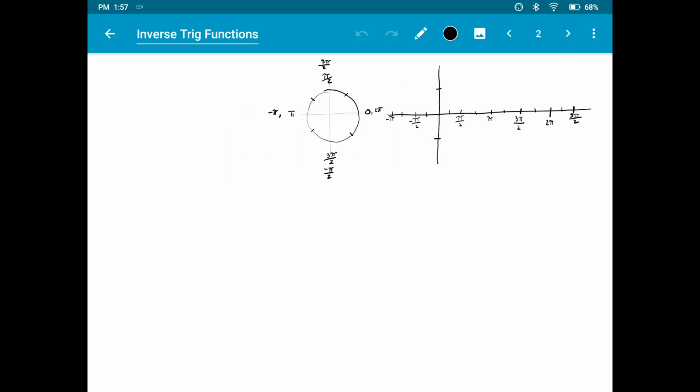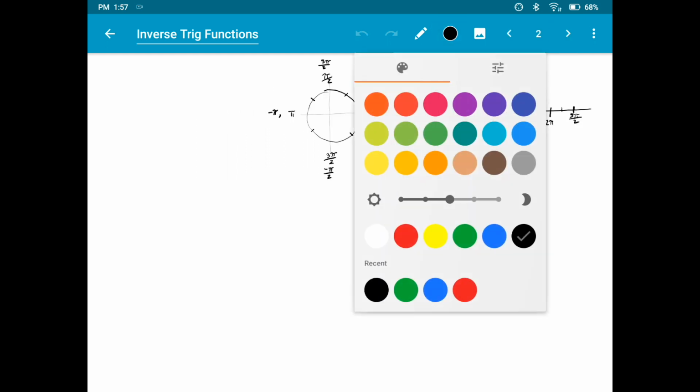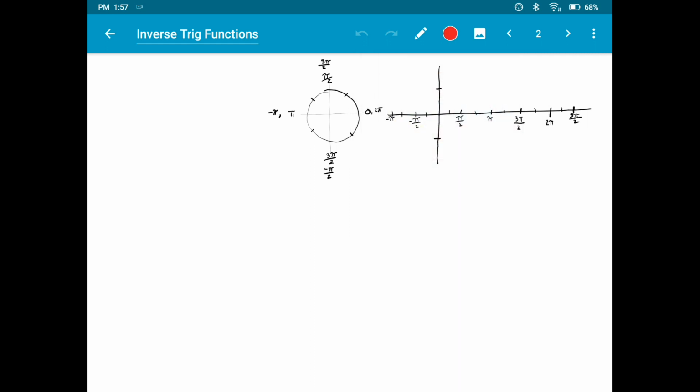So first, we are going to look at the sine of x. And if I look at the sine of x, then at negative pi, my sine of x is 0. At negative pi over 2, my sine of x is negative 1. At 0, my sine of x is 0.